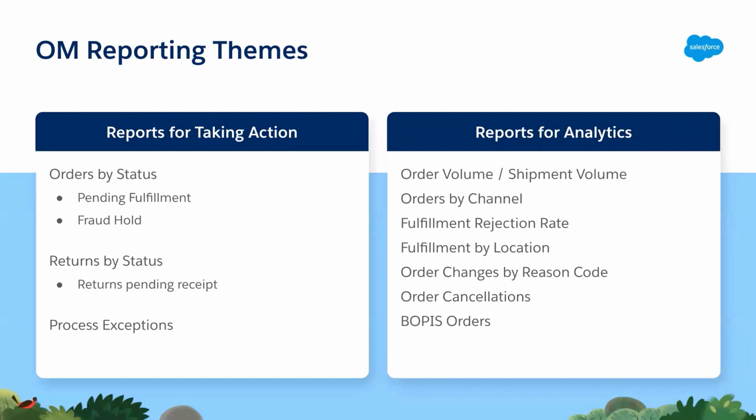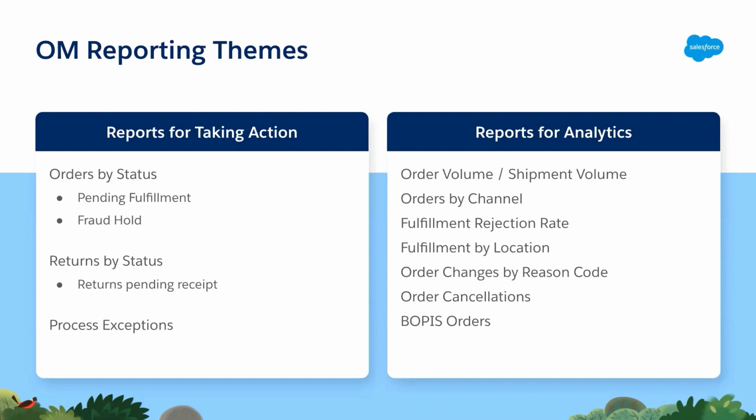Here are some common themes for using reports in order management. Reports can be made for your users to take action, such as on an orders report that filters by status. For example, all orders that have a status of pending fulfillment, so you can view where the order is in the fulfillment process. Or you could filter by all orders that have a status of fraud hold, so you could investigate those orders further.